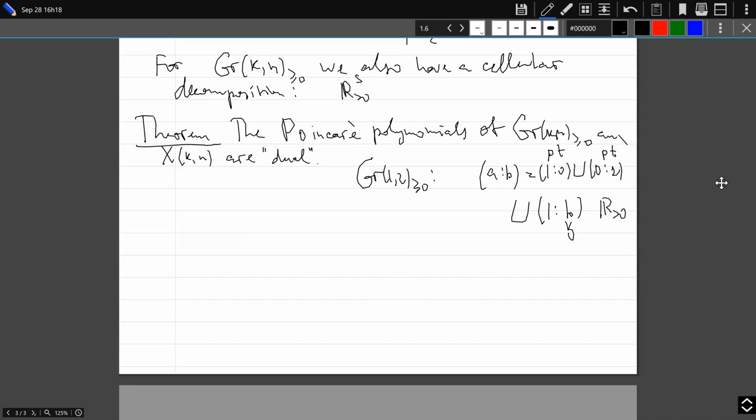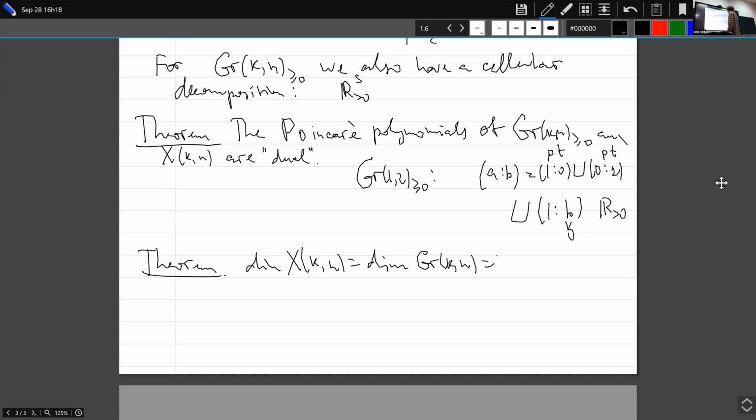So let me state it here. So here the theorem says that the Poincare polynomials are dual, so just changing the dimension. But let me say what is said here. Maybe I should have said it from the very beginning. The dimension of XKN is exactly the dimension of the Grassmannian, which is k times n minus k.